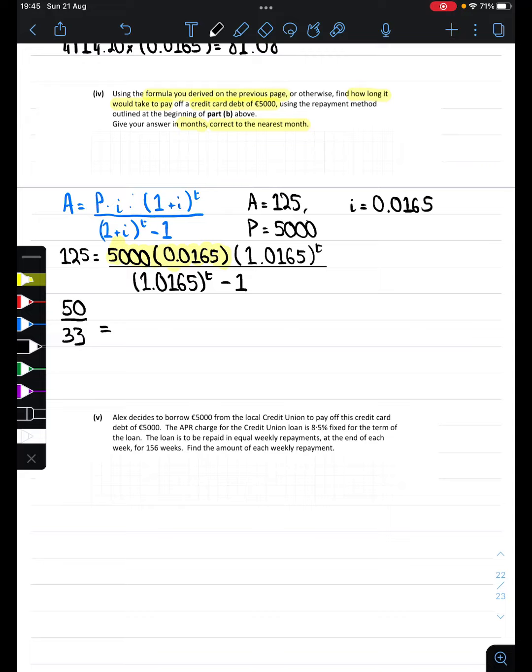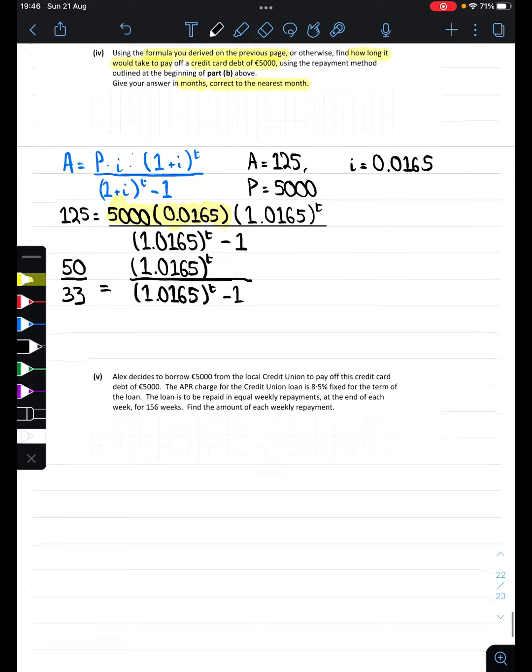And then this equals just our 1.0165 to the power of T over 1.0165 to the power of T minus 1.